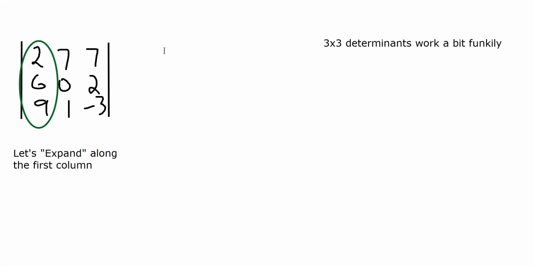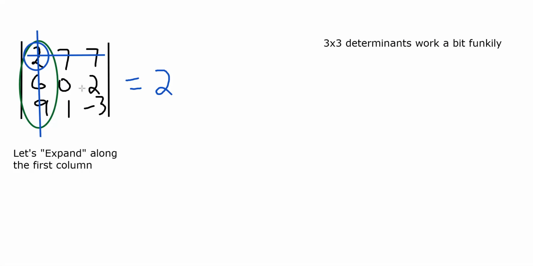What it means is I first look at, so I know I'm picking the first column, but I'm going to zoom in even more. And actually, let me use a different color. Let me zoom in even more. So I have this 2. So the determinant, and it's going to be a doozy, the determinant is going to be 2. Then I do something really funky. For a hot second, I delete the row and column that 2 was found in.